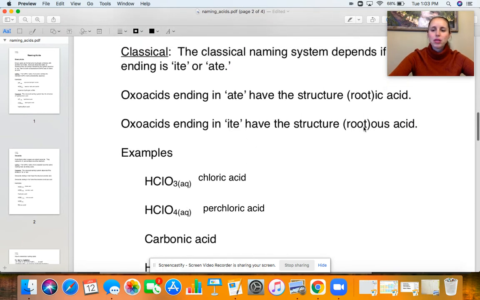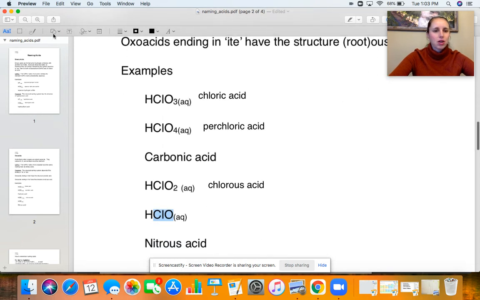That means I'm going to be using my root, ous, acid. My root in this case is going to be perchlor. And then my ending, since it's an ite ending, it's going to be ous acid. So perchlorous acid would be HClO with that aqueous.